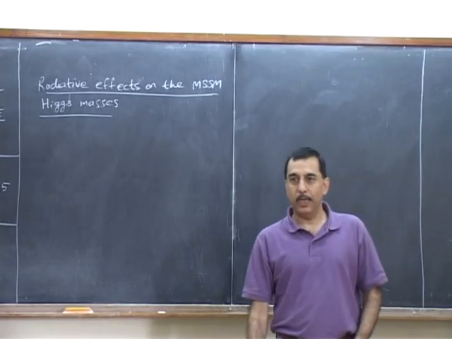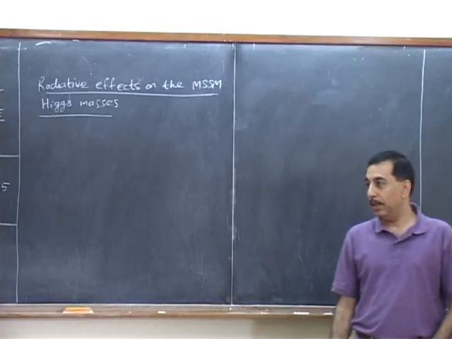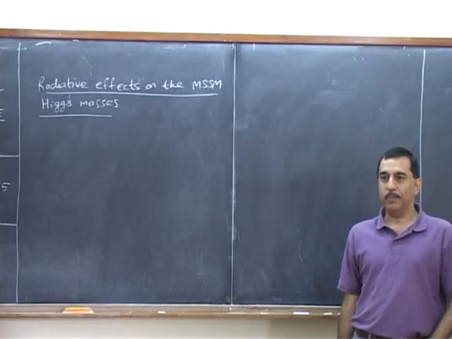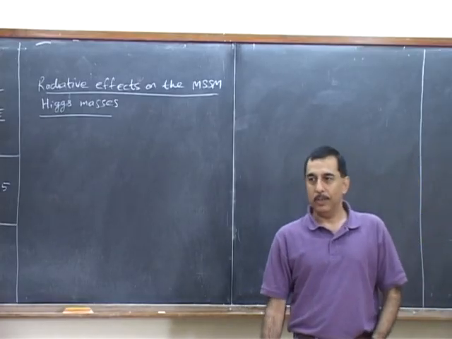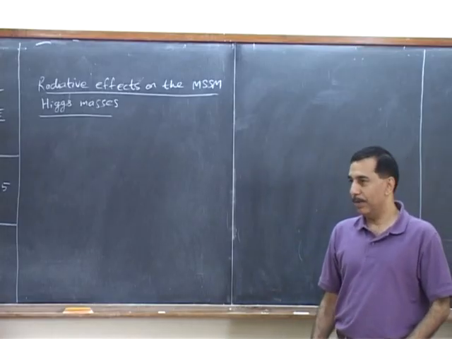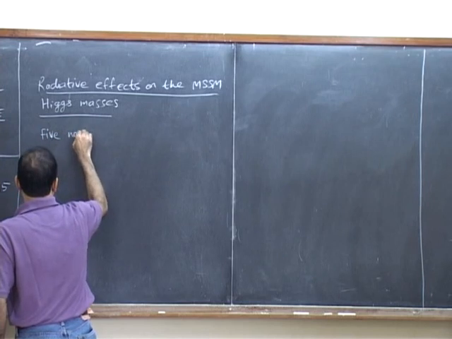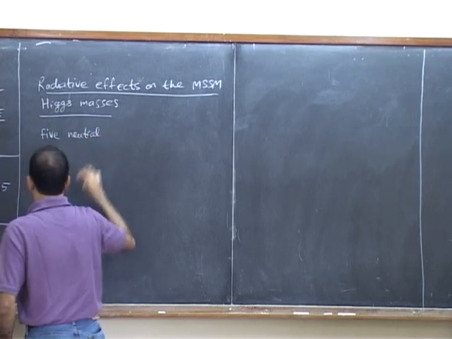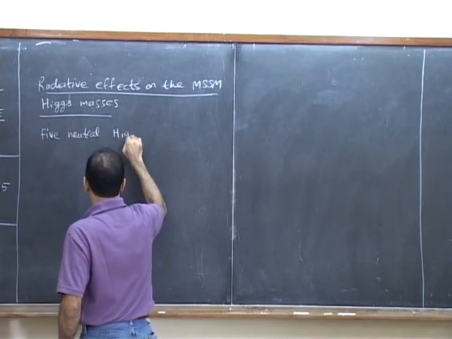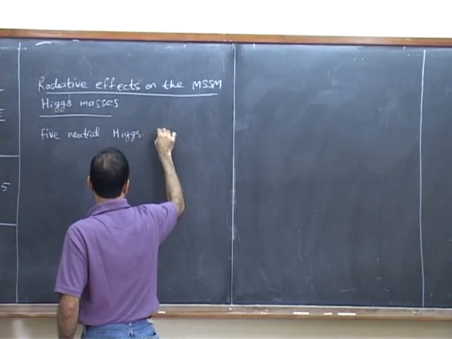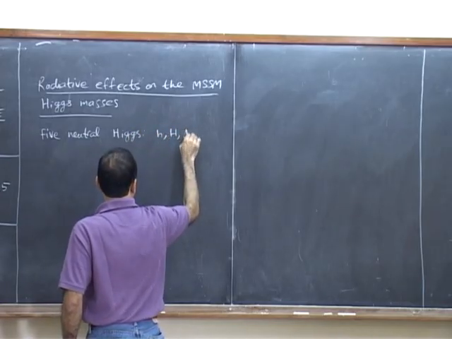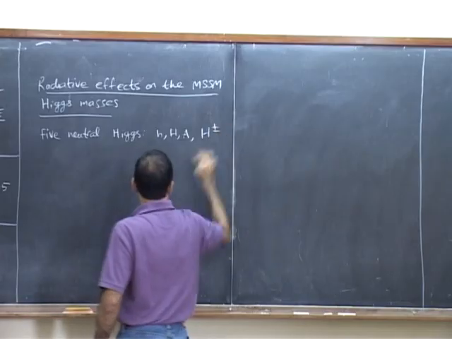Of these 5, 2 were charged and 3 were neutral. Of the 3 neutral, 2 were CP even and 1 was CP odd. So there was a nice spectrum of these 5 Higgs, and we saw that under most standard scenarios their masses were ordered, and the Higgs were called h, H, A and H plus minus.